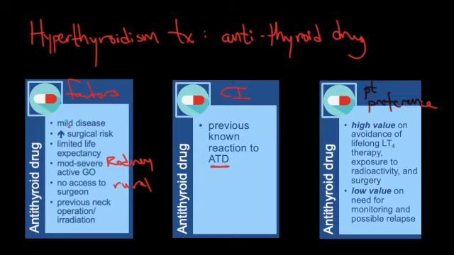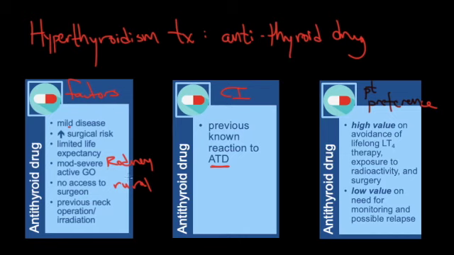Also, if patients have limited life expectancy, maybe they're 85 years old and nearing the end of their life, and they'd rather just go this route. This therapy is also good for patients with moderate to severe active Graves' ophthalmopathy. Once again, we think of patients like Rodney Dangerfield, who have eyes bugging out of their head. It might be a good idea to start therapy this route.